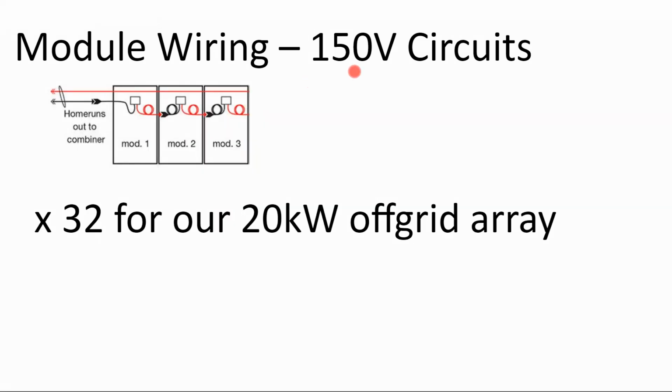Sometimes with charge controllers, if you say, okay, I want to do my own off-grid system, you look at some DC to DC charge controllers, and DC coupling charge controllers are only sized for 150 volts, and that means you get into much smaller circuits. So if you're designing a residential off-grid system, you can be surprised by the fact that a lot of the product selection out there is for lower voltage.